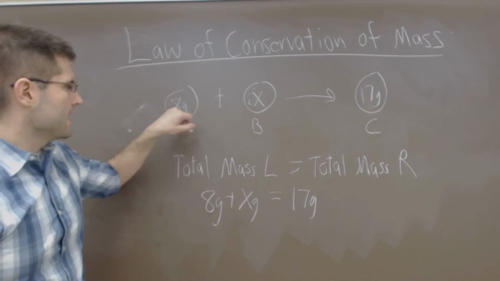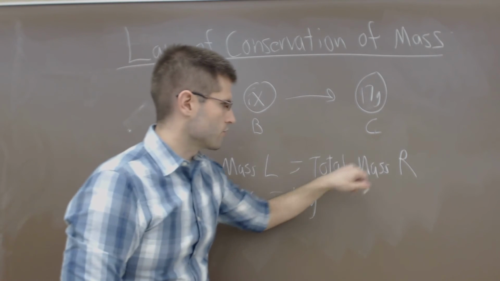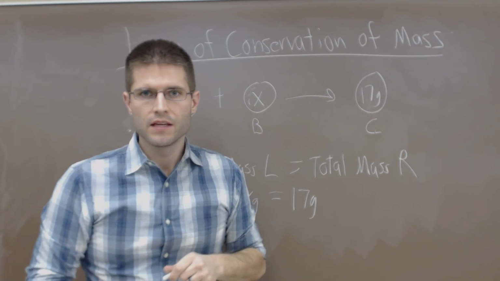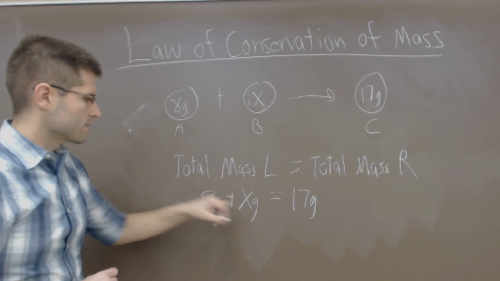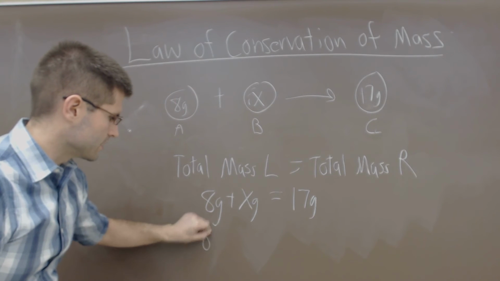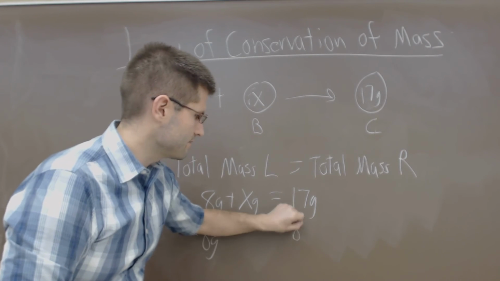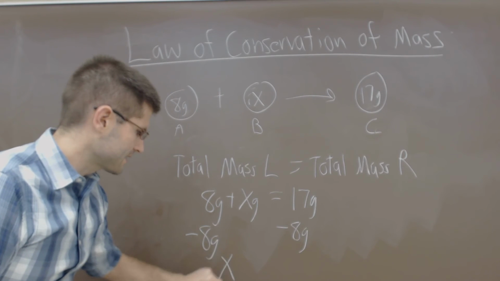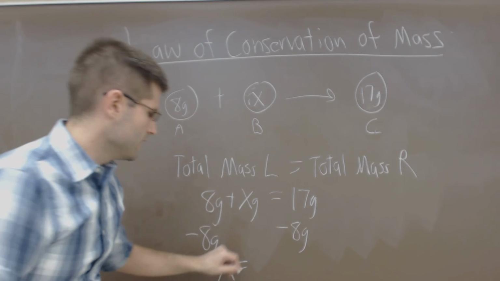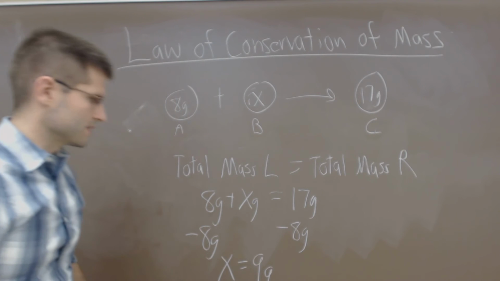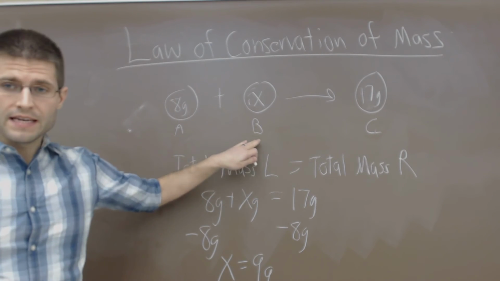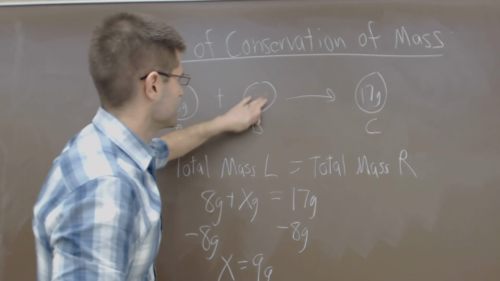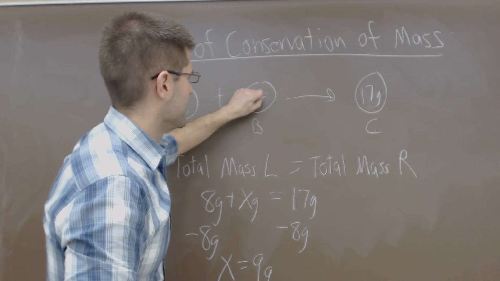Total mass on the left, 8 plus X, has to equal total mass on the right, 17. What we can do now is solve for X. The way we do that is we subtract 8 grams from both sides, and we get X is going to be equal to 9 grams. So now we know that B has a mass of 9 grams. So we can replace that X with 9 grams.